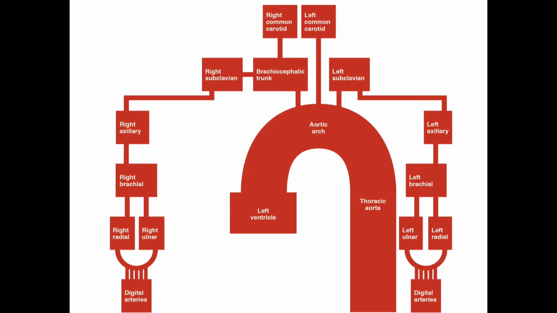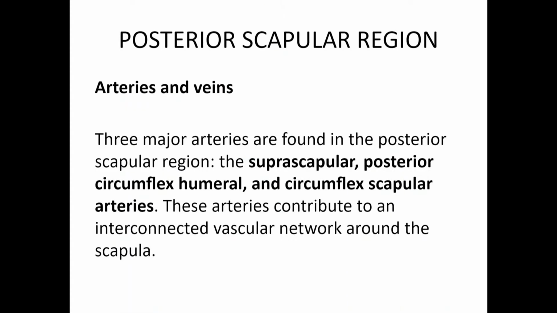So, let's start with the posterior scapular region in anatomy first. In the first semester, as I remember, you already started on where the scapula is located, what functions it has, and all the muscles it has. However, now let's discuss the arteries.